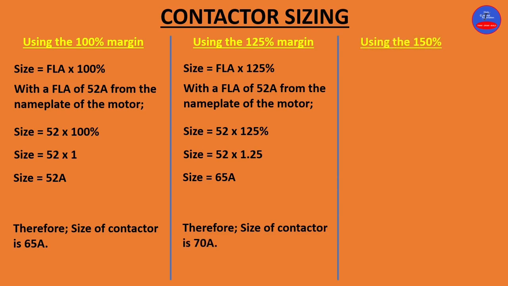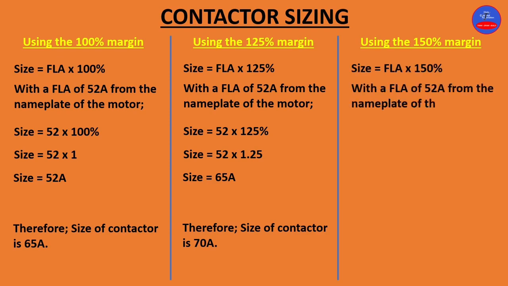We are using 150% margin. Size is equal to FLA times 150, with the same current rating of 52 amps. Our size is equal to 52 times 150%, and we know that 150% is 1.5. That is 150 over 100.